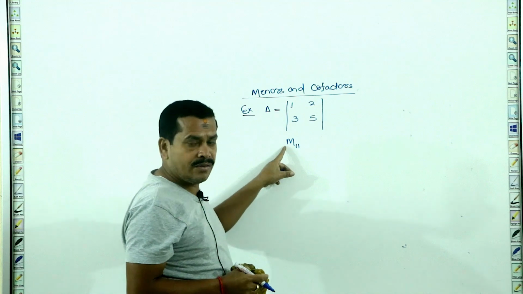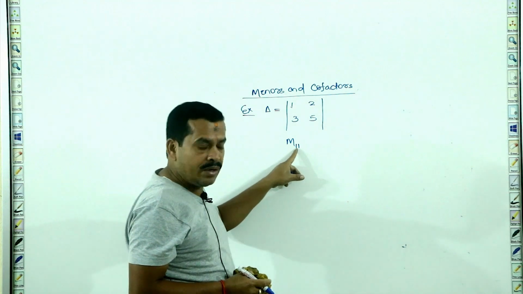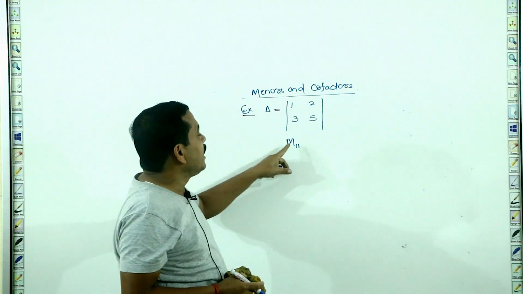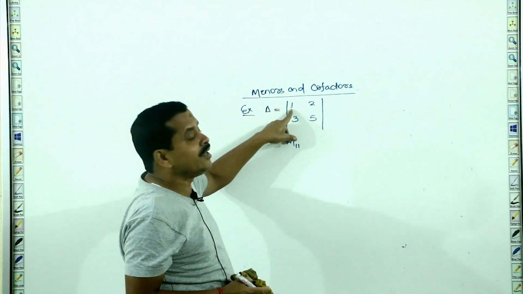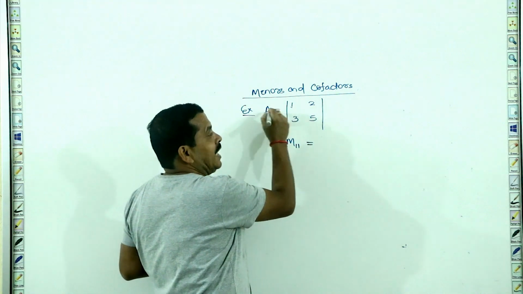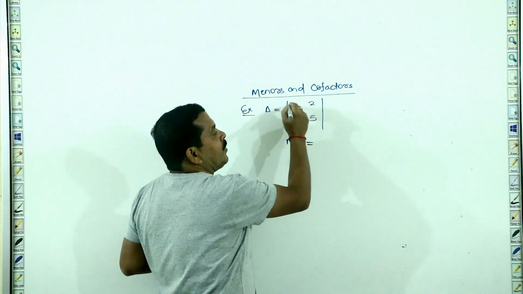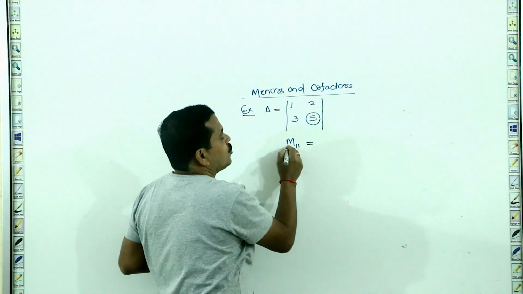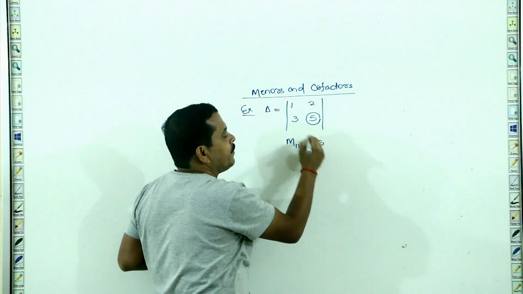M for minor, the first suffix for row and the second suffix for column. That means M11 is the minor of 1, which is equal to, we delete the elements of the first row and first column, we obtain 5. So the minor of 1 is 5.